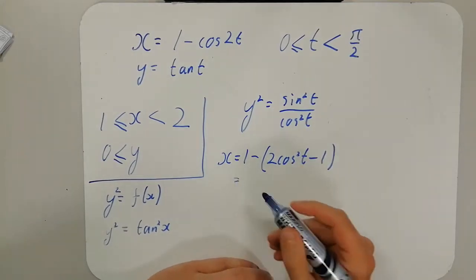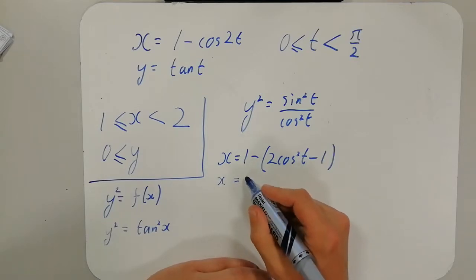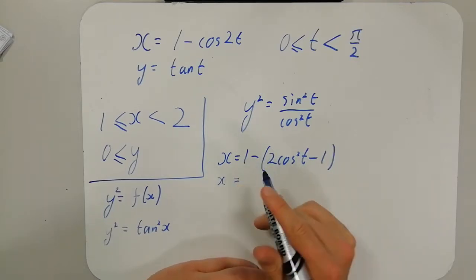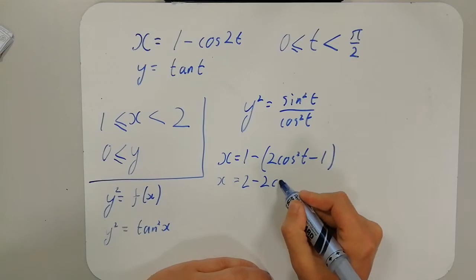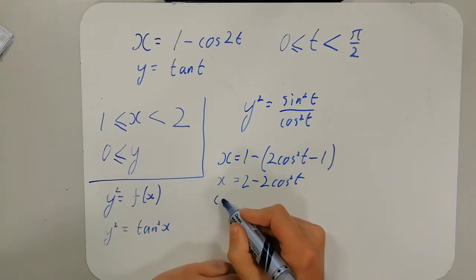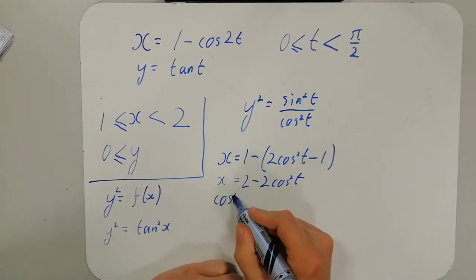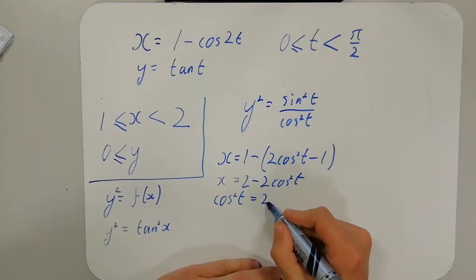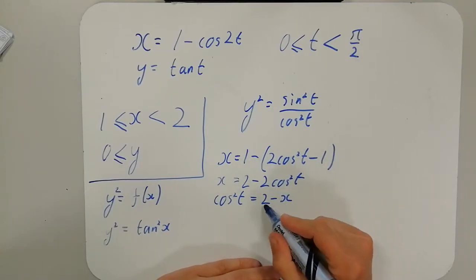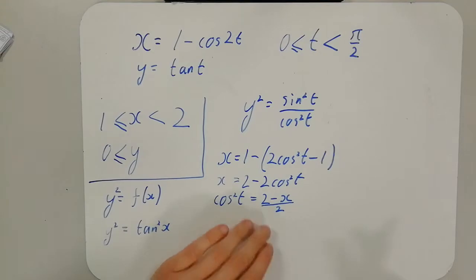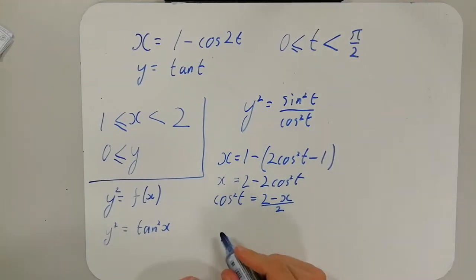we can simplify this and see that x is equal to 2 minus 2 cos squared t. Therefore, cos squared t is equal to 2 minus x over 2. Perfect. And what about sine?